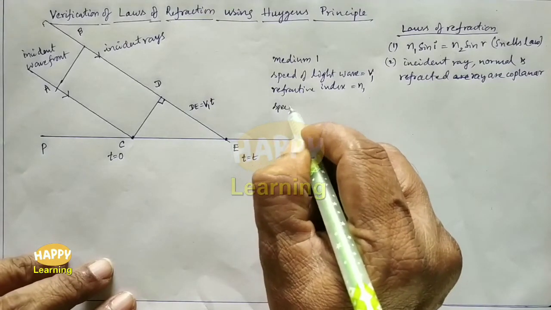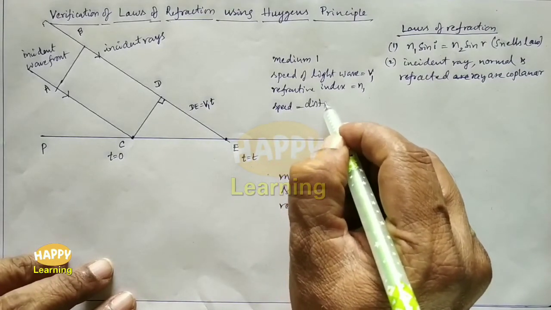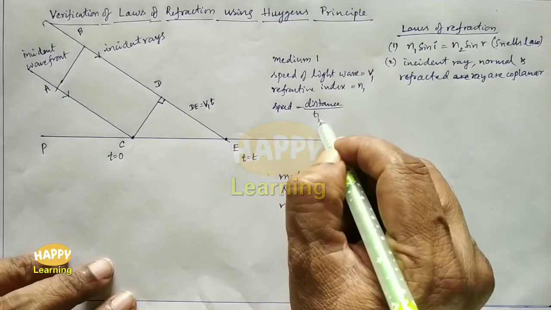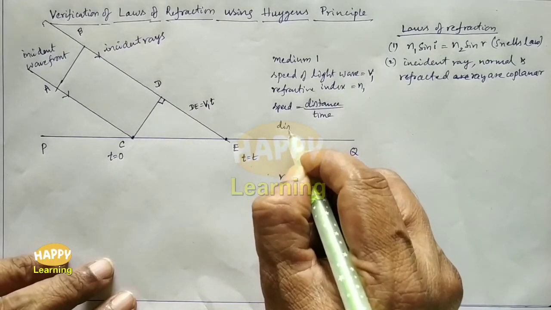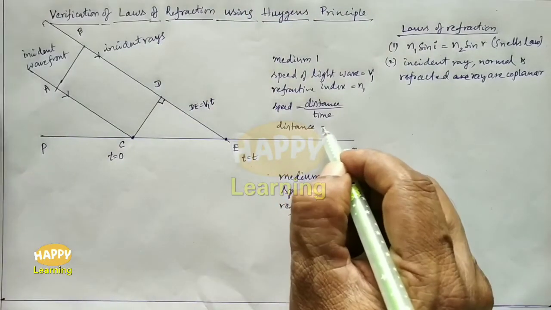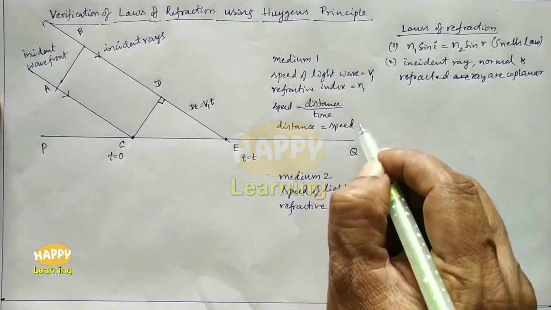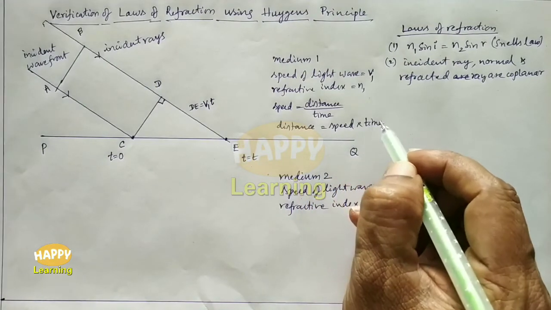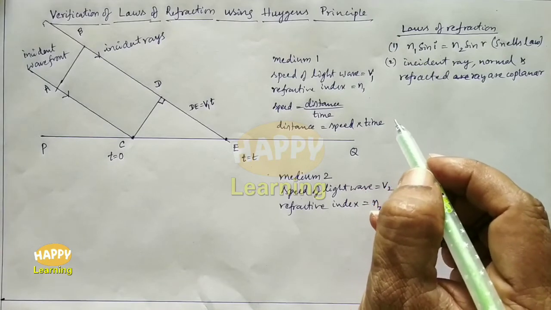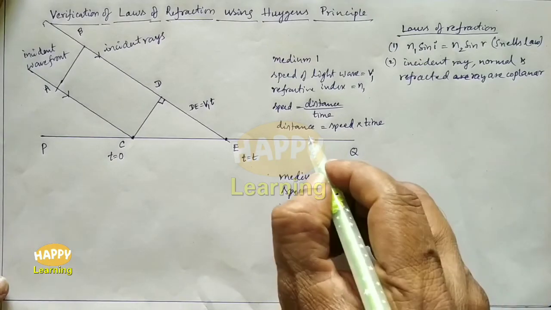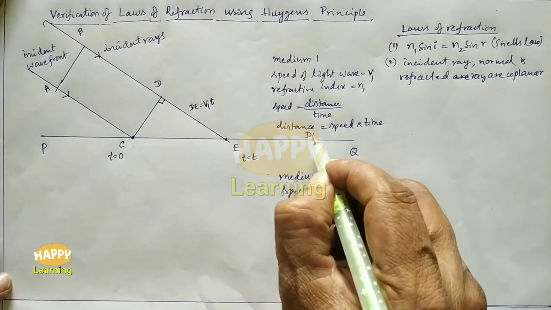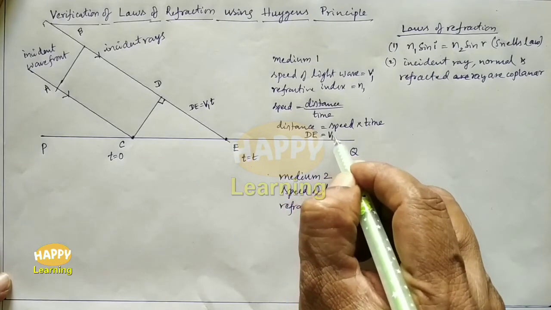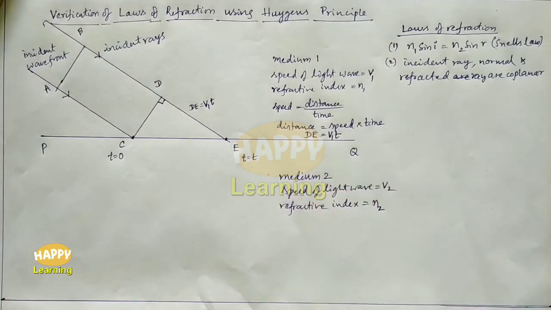So speed is equal to distance by time, distance is equal to speed into time. That means DE is equal to v1 into t.